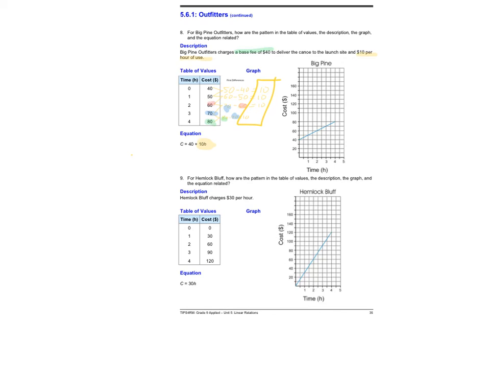Well, we looked at rate of change on graphs before, so let's try that. We're going to go all the way over and all the way up to get our rise and our run. Here we're going from 40 up to 80. So that means that our rise is $40.